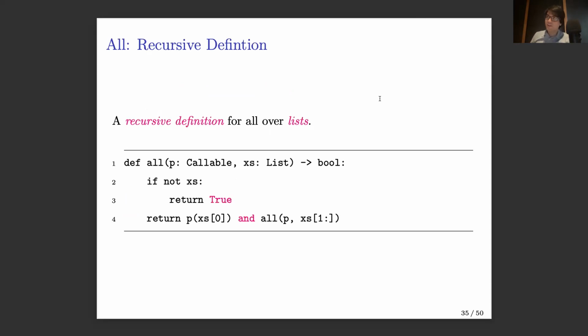Here's the recursive definition for all. Again, these are all surprisingly simple. So this is a little bit troubling though. What should all give on the empty list? What's the question we're asking for all? Return true when what?